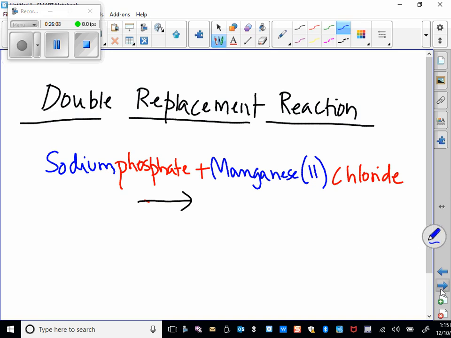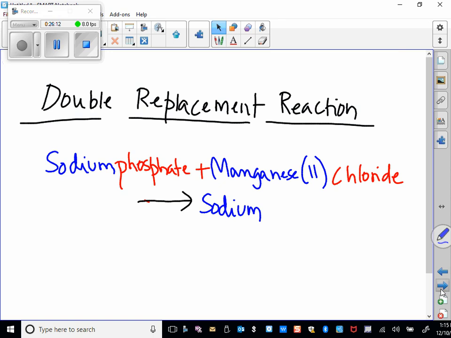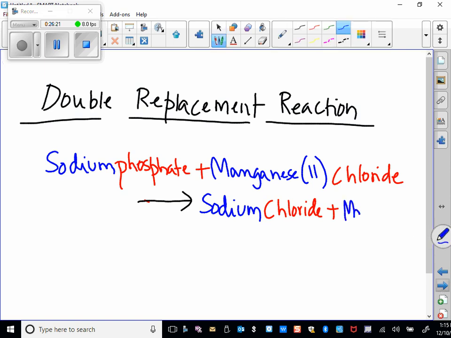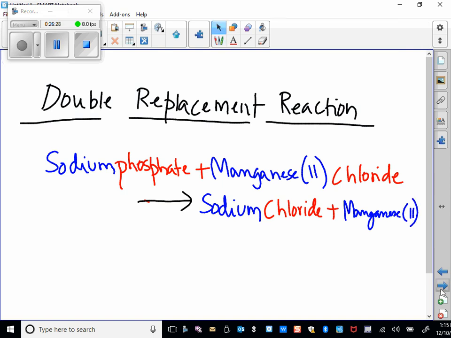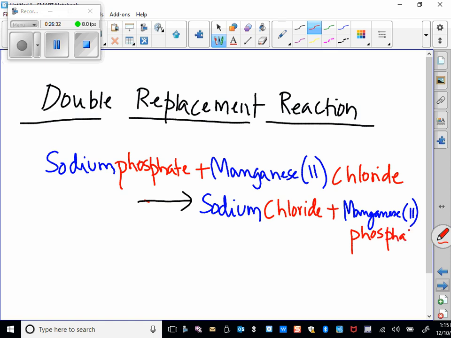So the products will be sodium chloride plus manganese 2 phosphate. Now I need everybody writing out the formulas and balancing the equation. I'm going to stop at this time.